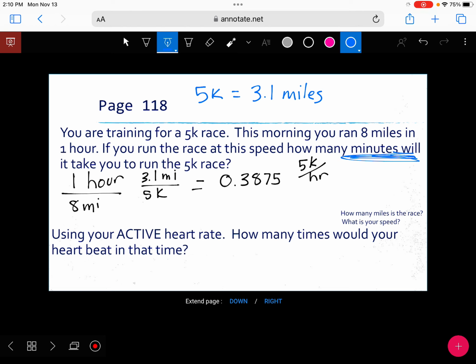Time goes on top. Thinking about what we're looking for, that should always be in our numerator. I want to know time, so I take my speed and flip it on its head. 1 hour per 8 miles, which means I want my miles to cancel out. So I put 3.1 miles on the top so that I can cancel out the word miles per 5K.